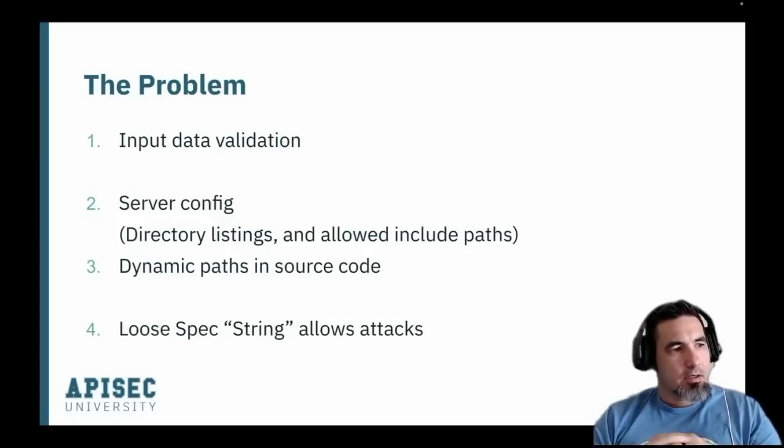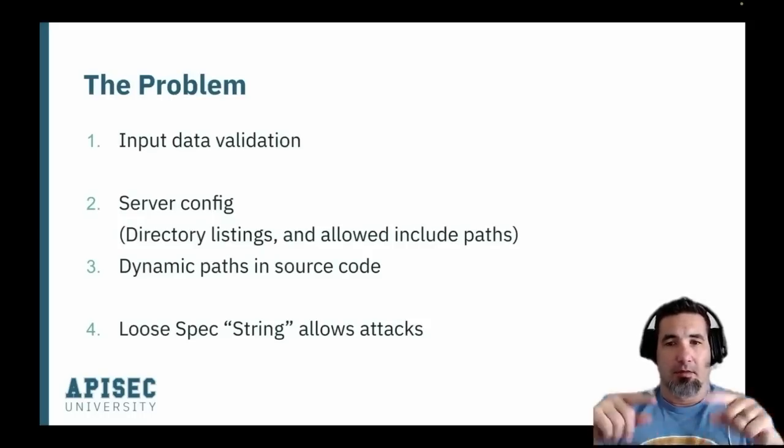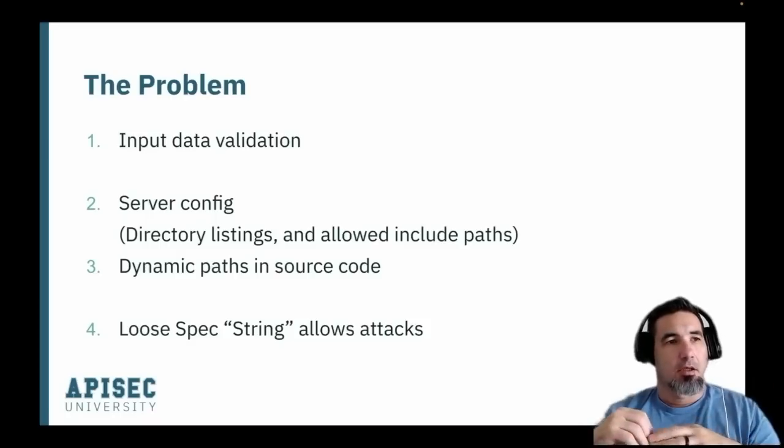And also allowed include file paths. So when you have your API server, or typically a web server that's serving an API, there's the web root, and then there's everything underneath the web root. And there's usually a server configuration checkbox that says to only allow inclusions or files that are under that web root.